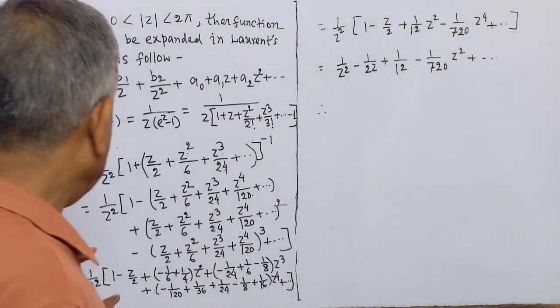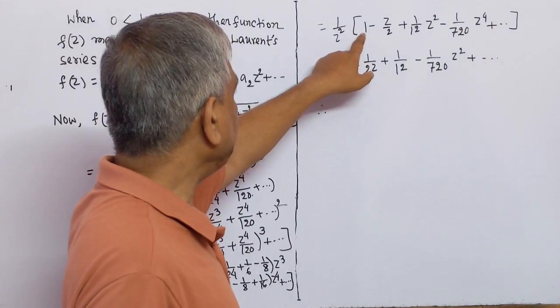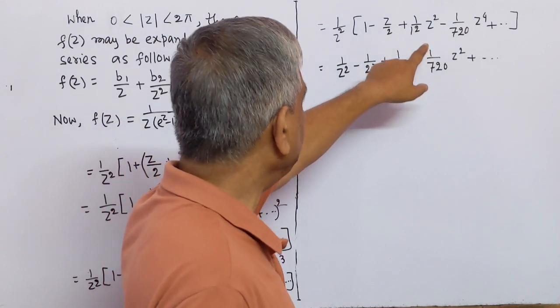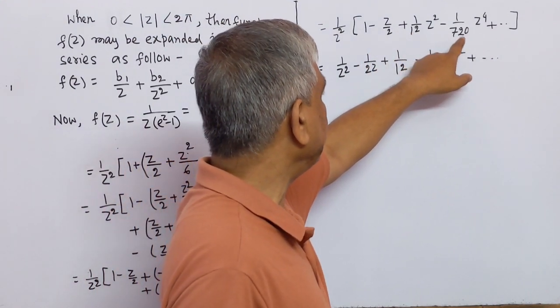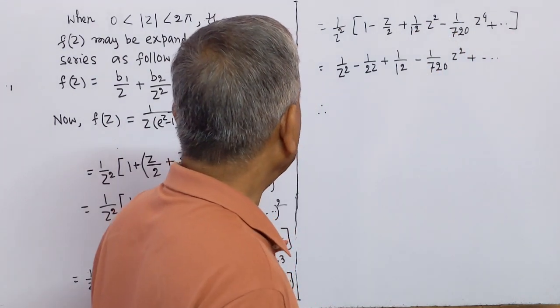And this equals 1 by z square times (1 minus z by 2 plus 1 by 12 z square minus 1 by 720 z to the power 4 plus dot dot dot).